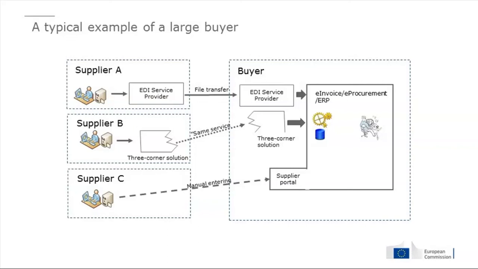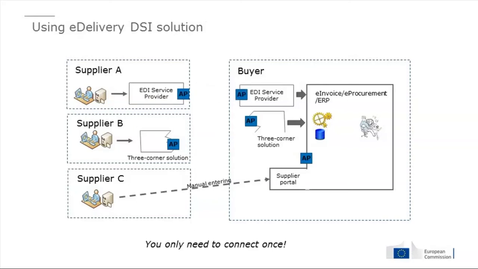When you introduce eDelivery or Peppol, the question comes up: so why should I connect? And this is a critical strategic IT question for the buyers. So which provider or which system should I use for my connectivity to the eDelivery network?